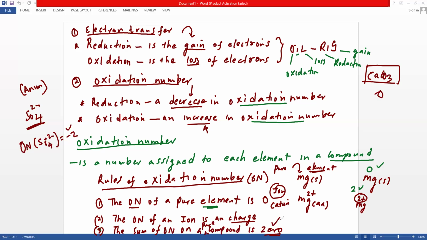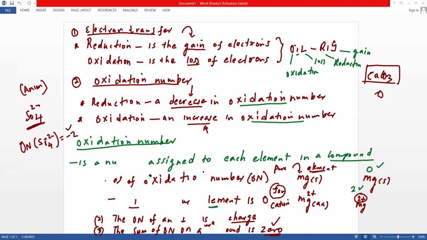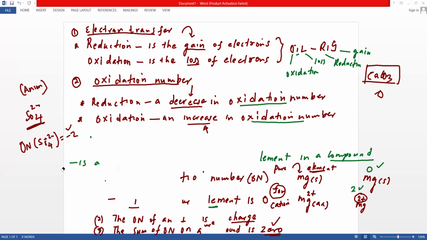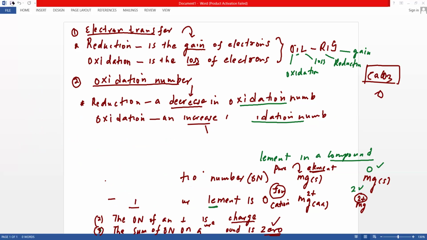So why is it important for us to know this? Let me explain why. In the context of defining reduction and oxidation in terms of oxidation number, you must be able to see from your reaction whether it undergoes oxidation or reduction. It's very important.